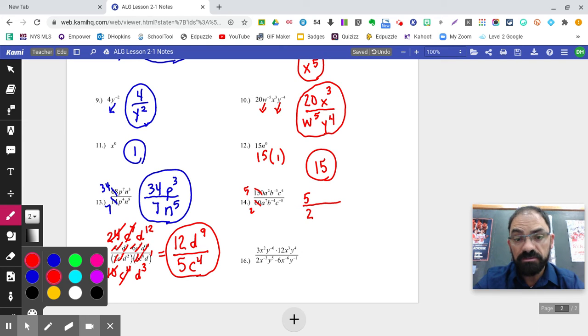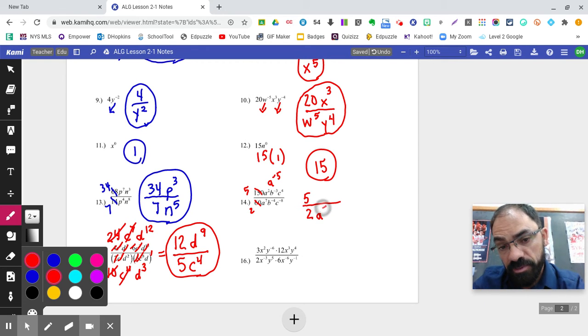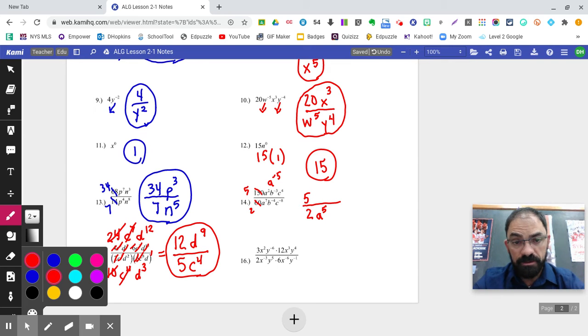Now again, when I divide exponents with the same base, I need to subtract. So 2 minus 7 is negative 5. So if this is a to the negative 5, what should I do with the negative exponent? Bring it down. So it should be a to the positive 5 at the bottom.